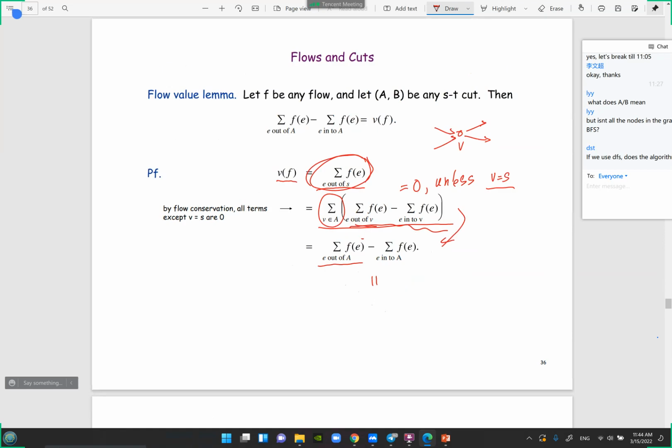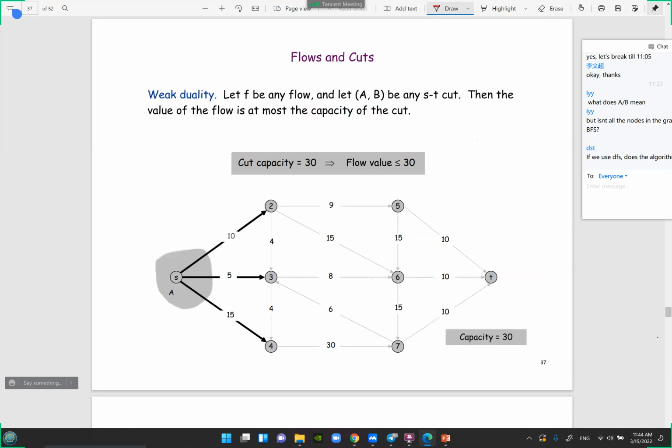Okay. So now once you have this property, you have this weak duality property. The weak duality says that if you look at any cut and you look at the capacity of that cut, then any flow cannot be more than that capacity.